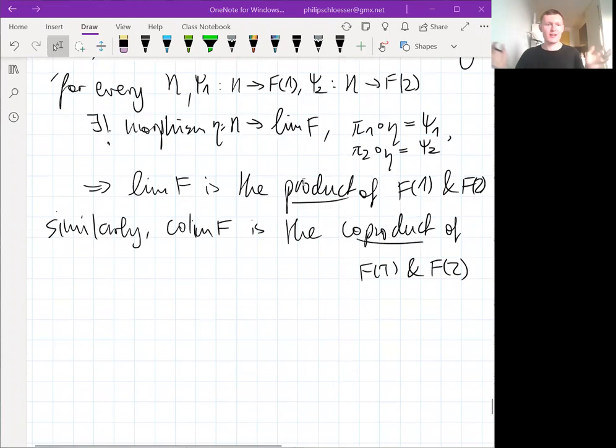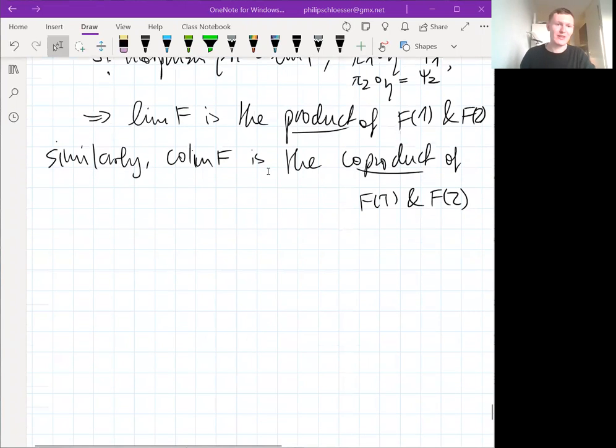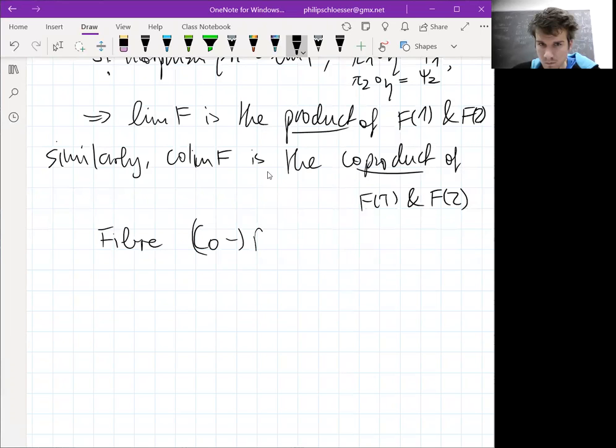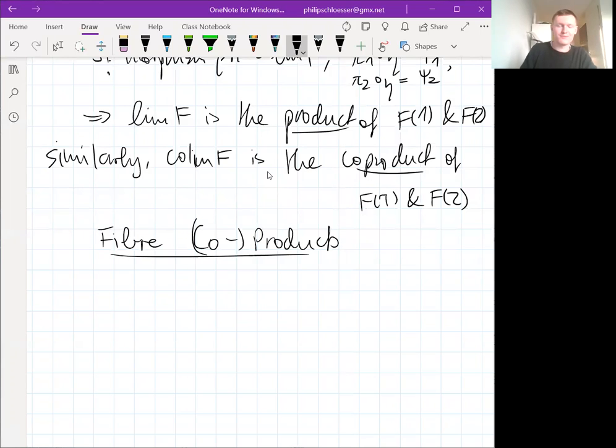And until now, the naturality condition hasn't meant anything because we have never had to impose it in the examples we've seen so far. But this will change because we are now going to discuss fiber coproducts. This is the point where I'm just going to write my categories as images.